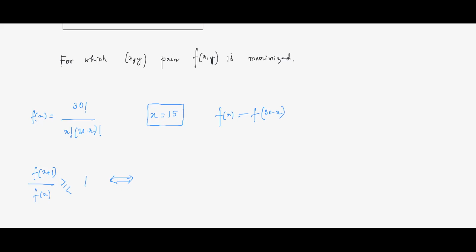Let me find out. So we found out that 30 minus x by x plus 1 is greater than or equal to 1, which is equivalent to saying, oh, I made a mistake, I guess. So it'll be 30 minus x by x plus 1. And we have got here, I guess, 29 greater than or equal to twice x.